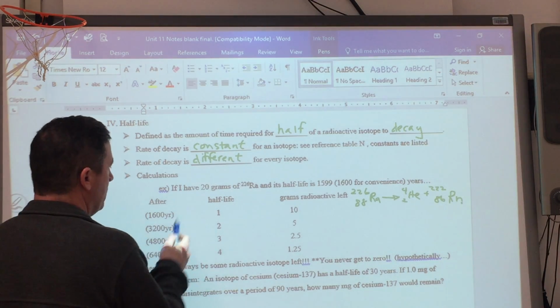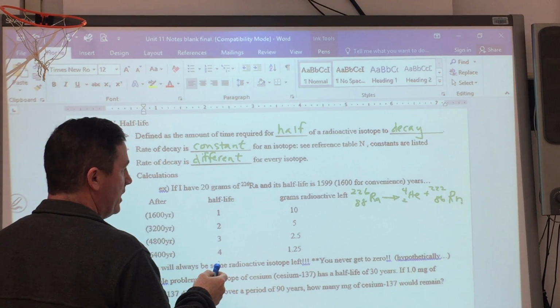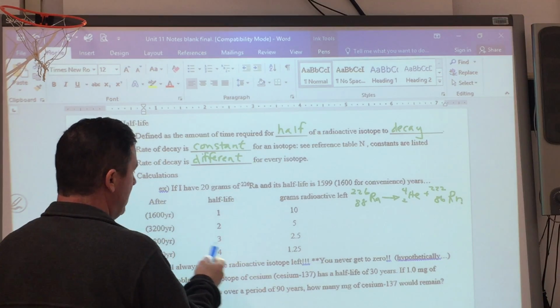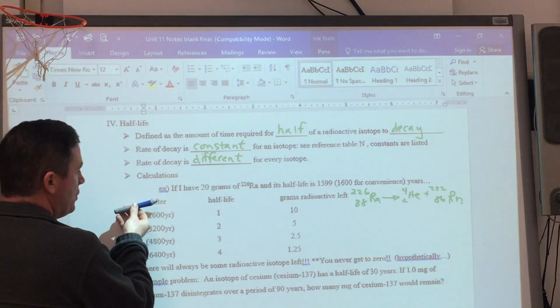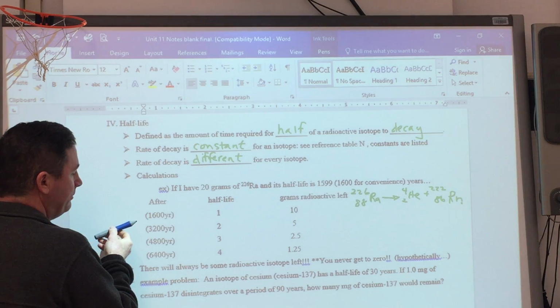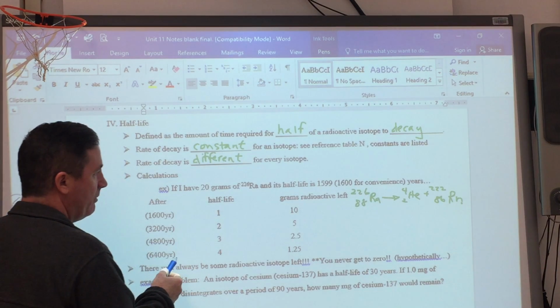All right, back to this problem. If I have 20 grams of 226 radium, its half-life is 1599, we're going to call it 1600. What happens? So if we're at time 0, it's going to take 1600 years for the first half-life.